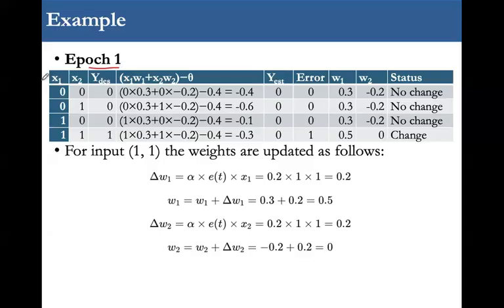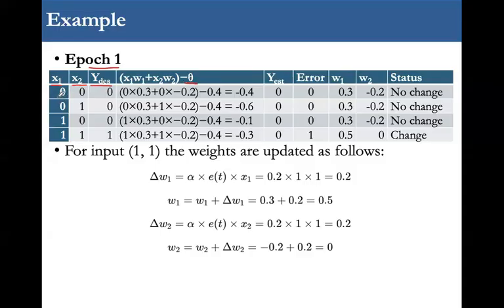Now we learn what happens in this first epoch. We know the input. The inputs are x1, x2, and we know what is the desired output. The desired output is given in the third column. Then we need to calculate the weighted sum. Weighted sum is nothing but x1 w1 plus x2 w2 minus the threshold.